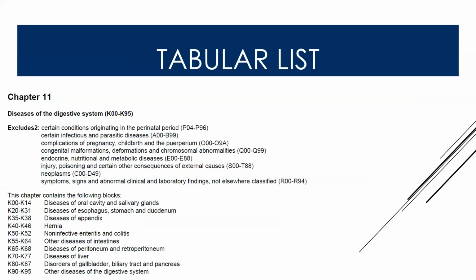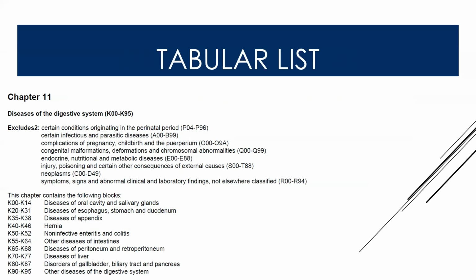The tabular list is a listing of codes divided into 22 chapters based on body system or condition. Once you've looked up a term in the alphabetic index, the next step is to verify the code in the tabular list. Using K06 from the previous slide, we need to go to Chapter 11, Diseases of the Digestive System, in the tabular list.